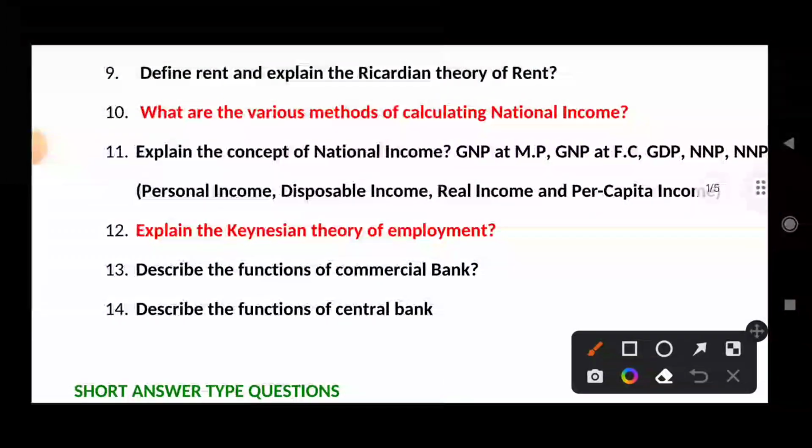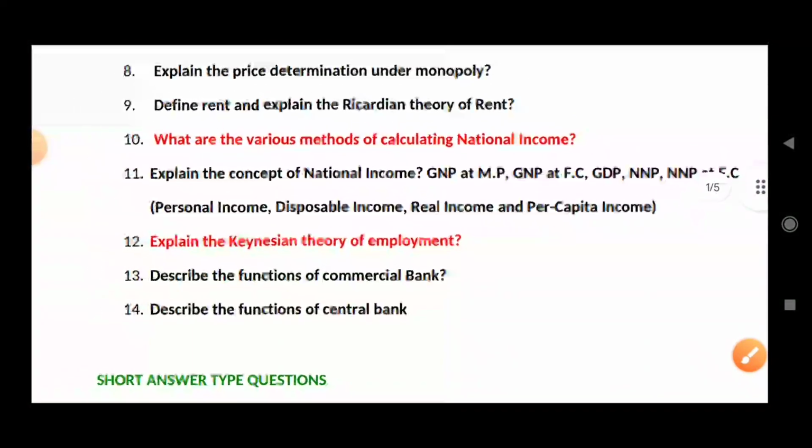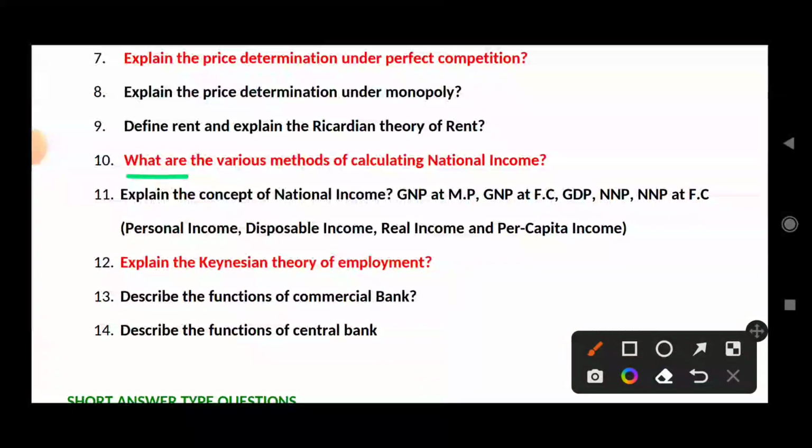Next we are having some important questions relating to other chapters. What are the various methods of calculating national income?